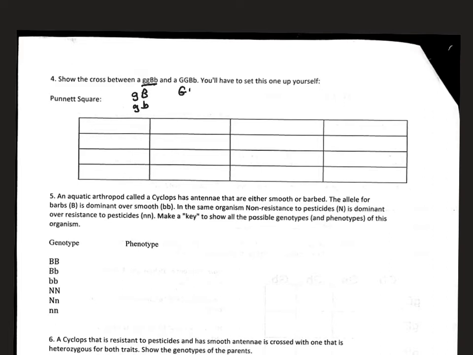That's big G, big B, and big G, little b. So this parent can make 1, 2. That's all it can make. And you can do FOIL, and you can figure that out. And this other parent can make this. And that's all there is there. As simple as can be.